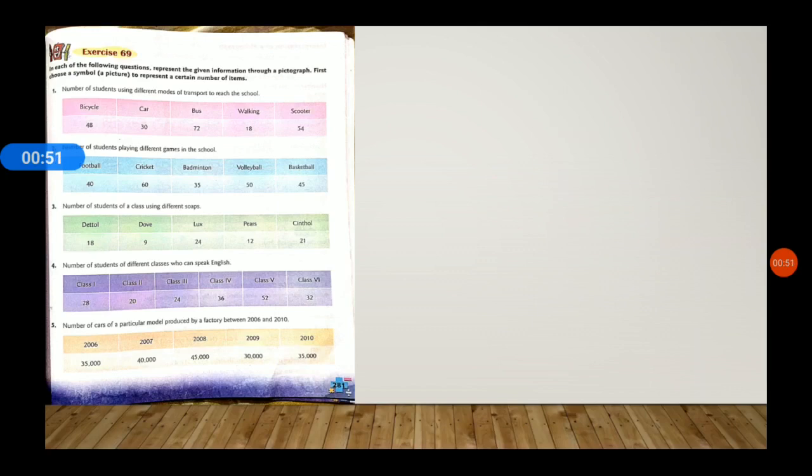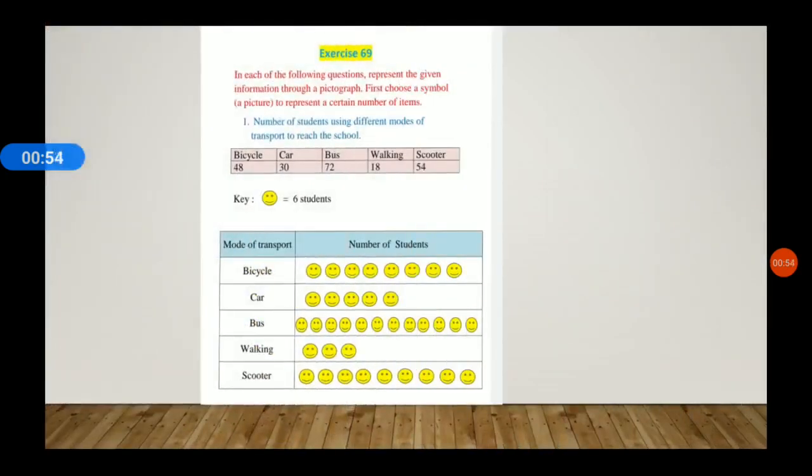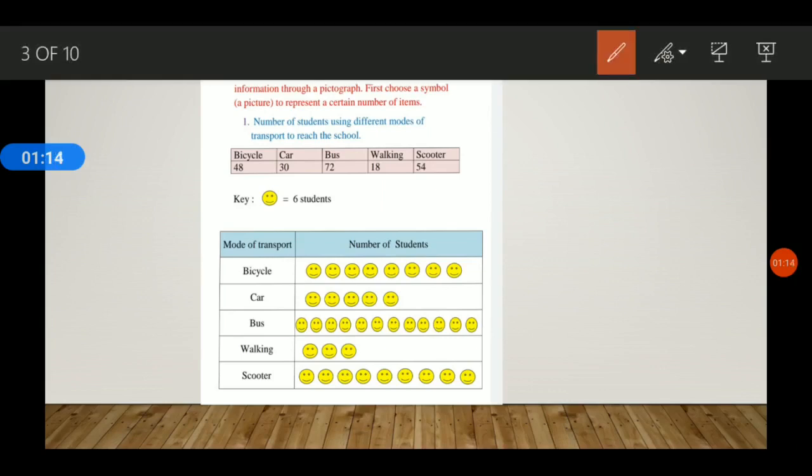So the first step is our title, that is different modes of transport. And the second step, we will write the labels, and the labels are bicycle, car, bus, walking and scooter.